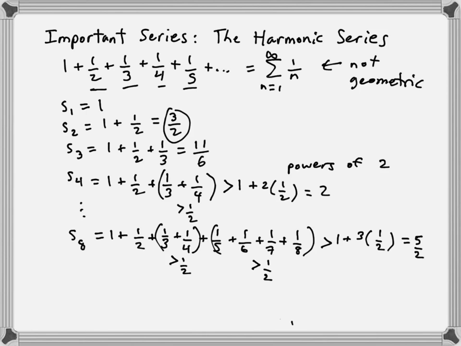Now, I hope we see a pattern here. The second partial sum was bigger than 1 plus a half. The fourth partial sum was bigger than 1 plus 2 times a half. The eighth partial sum was bigger than 1 plus 3 times a half. So we notice that, yes, it takes twice as many terms each time, but the 2 to the nth partial sum is larger than 1 plus n times a half.